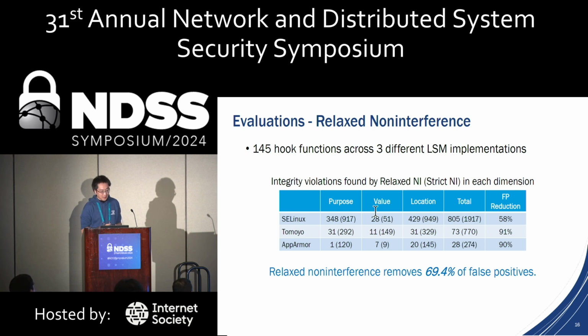We can see that with the relaxation, false positives are greatly reduced. The overall false positive reduction rate is around 70%. In both Tomoyo and AppArmor, the reduction rate is even over 90%. This clearly demonstrates the effectiveness of our relaxed non-interference.